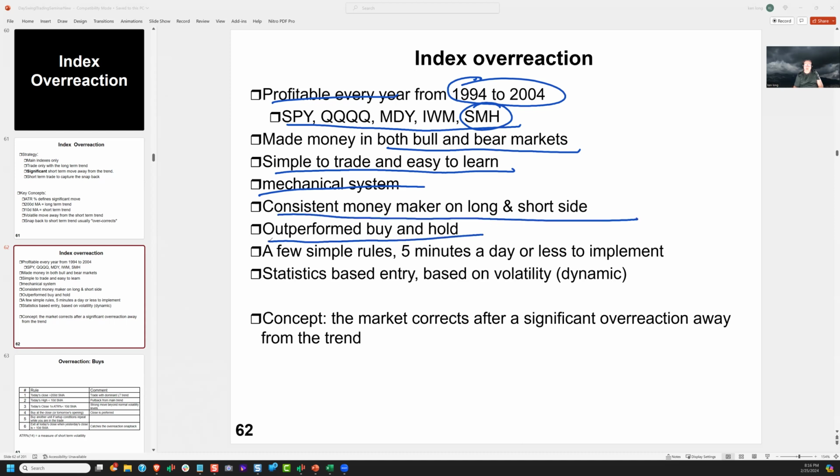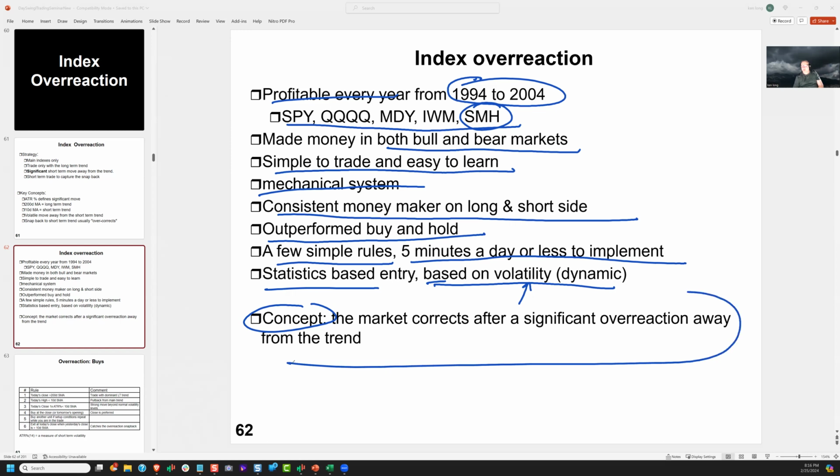It outperformed buy and hold, and it only takes a few simple rules, 5 minutes a day to work, and it's based on statistical back testing and the typical behavior of volatility. And the concept is that the market corrects after a significant overreaction away from a strong positive trend.